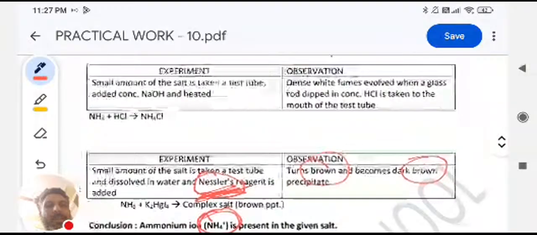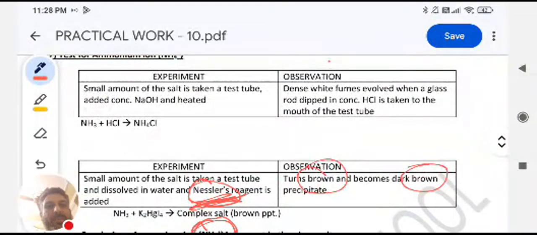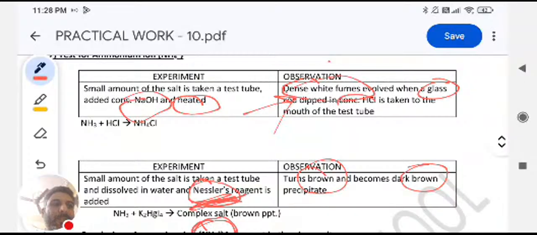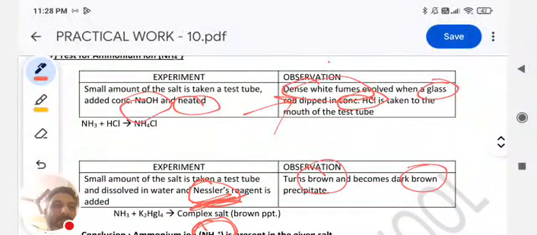And if any salt contains ammonium ion, and when it is heated with concentrated sodium hydroxide, it releases ammonia gas, and that ammonia gas gives dense white fumes with a glass rod dipped in concentrated HCl. Right, so this is the confirmatory test for ammonium cation.